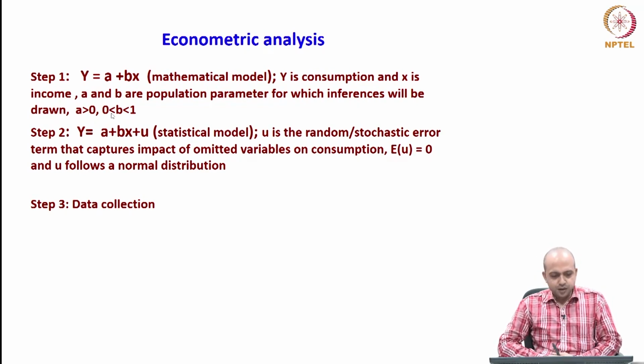And this beta, the coefficient which is attached with income, has a specific name in the literature of macroeconomics. It is basically called marginal propensity to consume. That means, for a unit change in income, how much your consumption is going to increase, that is called marginal propensity to consume, or MPC.